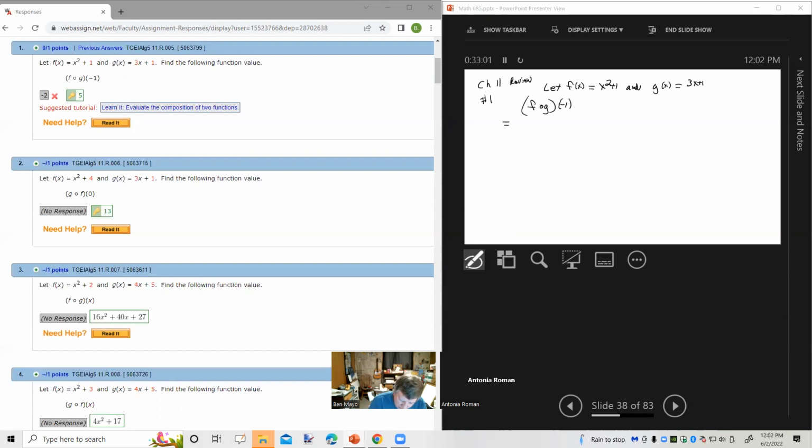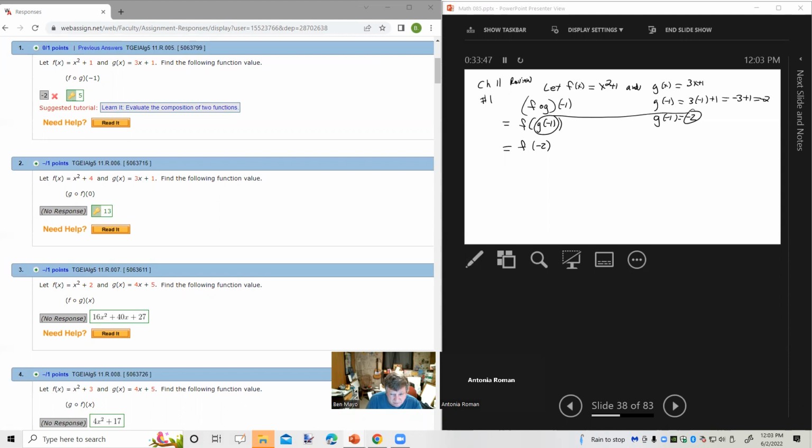Well, f composed with g of -1 is equal to f of g of -1. All right. Yes. Then what is g of -1? g of -1 is 3 times -1 plus 1, which is -3 plus 1, which is -2. Since g of -1 equals -2, we're going to take -2 and substitute it in the place of g of -1. So now we have f of -2.